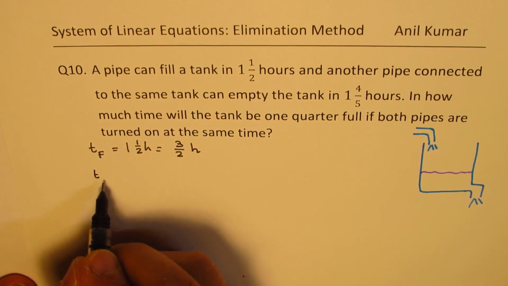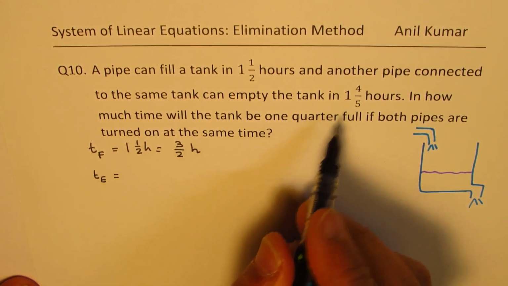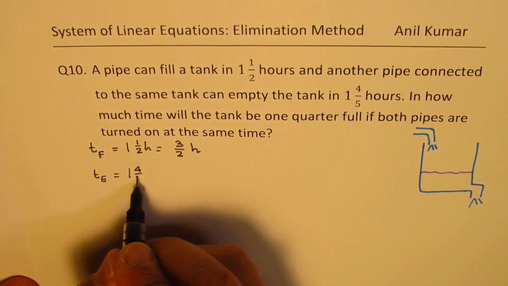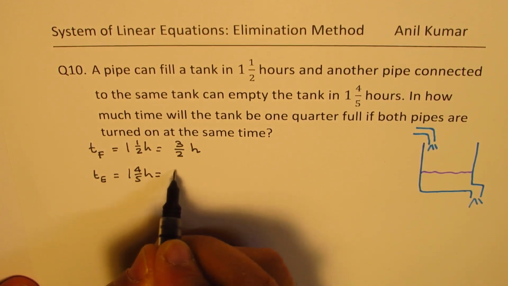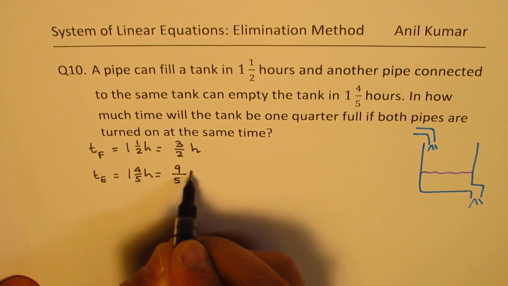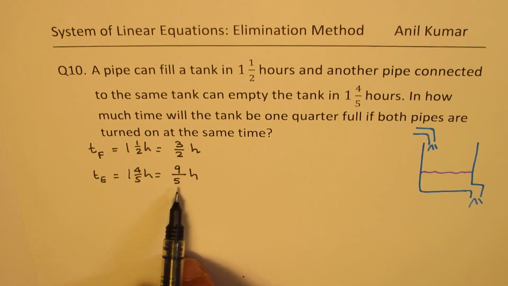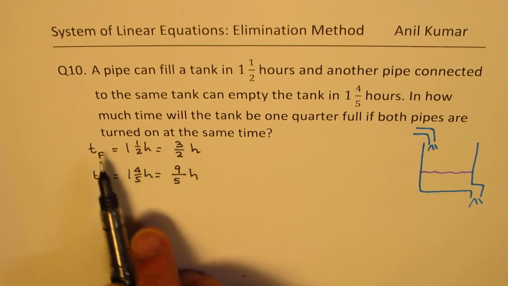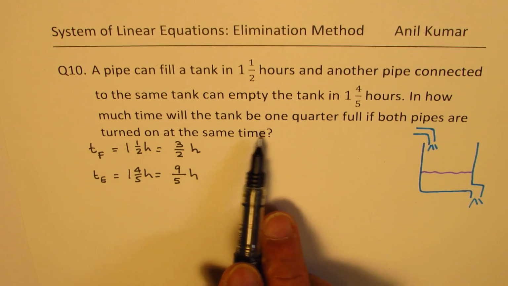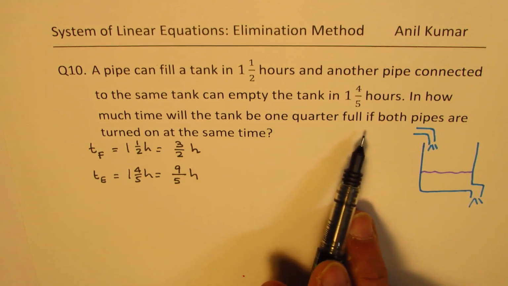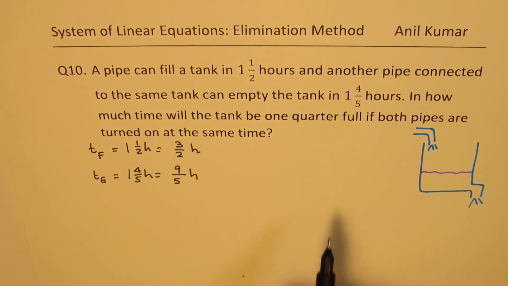Now time to empty, let's say E, is 4/5 of an hour, which is 9/5 hours, right? Now, when we say empty, we'll use a negative sign. So in how much time will the tank be 1/4 full? So let that time be T.